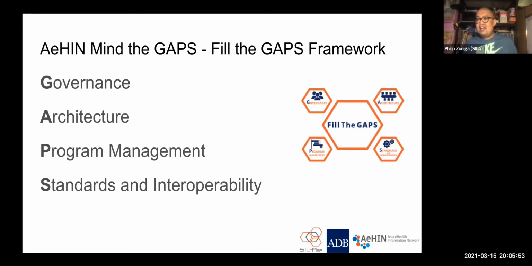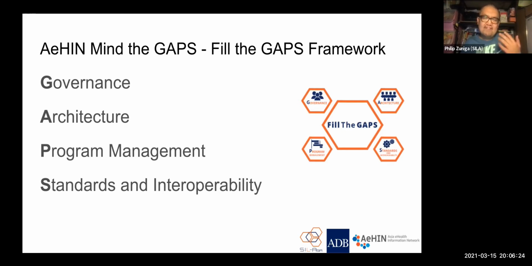Many of us here are already familiar with the AeHIN Mind the Gaps framework. In AeHIN, we have seen that the four things a country needs to set up its digital health infrastructure are governance, architecture, program management, and the fourth one, standards and interoperability.